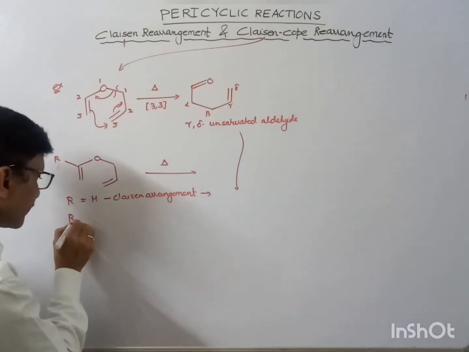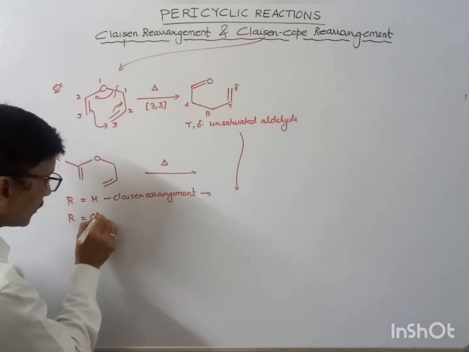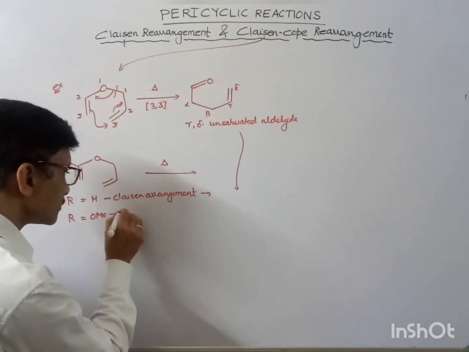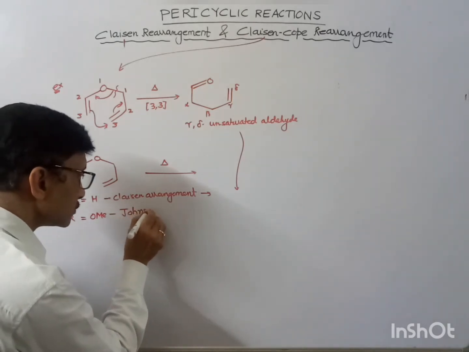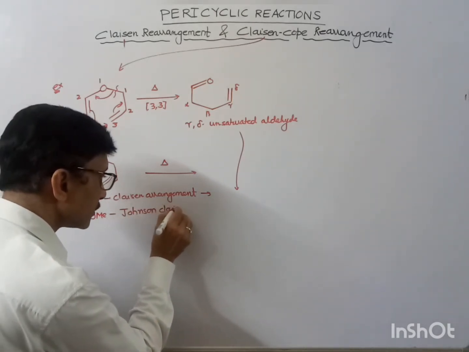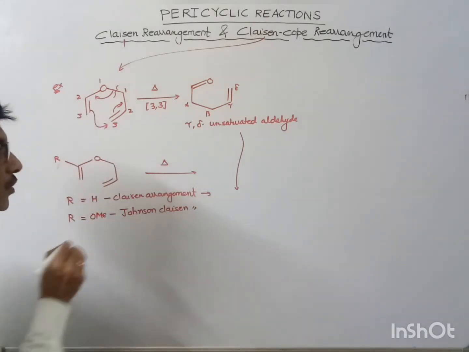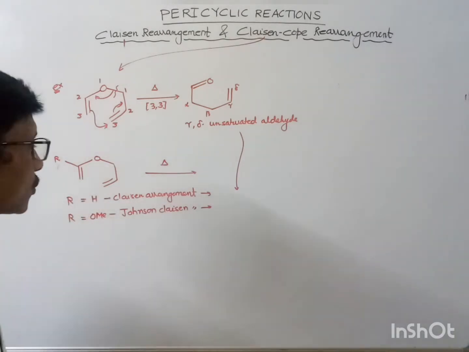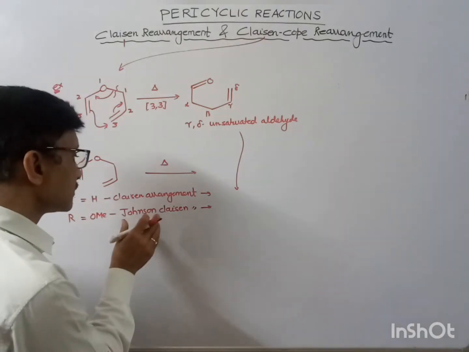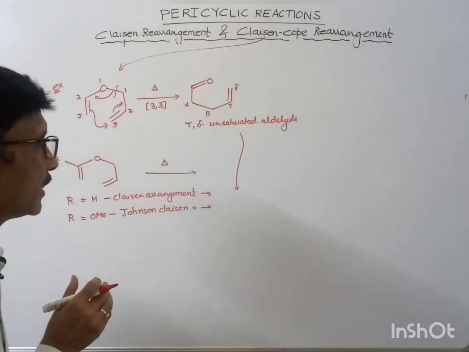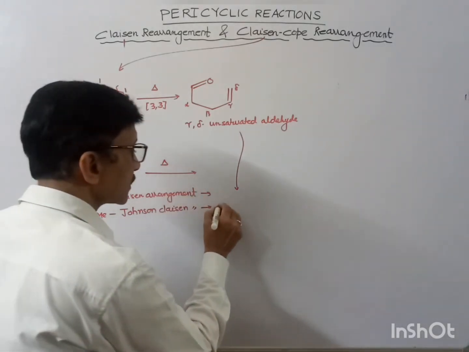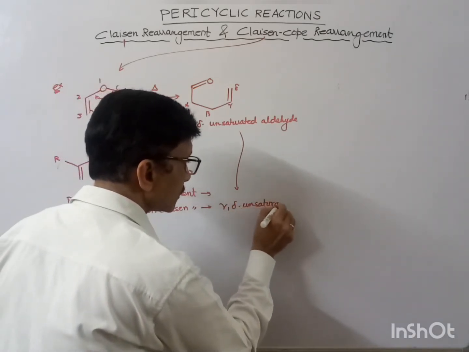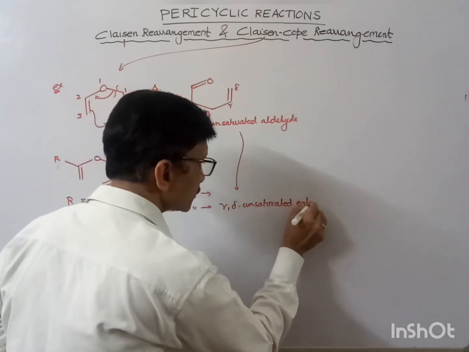Now suppose I write this R as OMe group, methoxy group, and this reaction is called the Johnson-Claisen rearrangement reaction. Okay, so in this case, if R is the methoxy group, then this reaction is Johnson-Claisen rearrangement, and the product formed is gamma delta unsaturated ester.